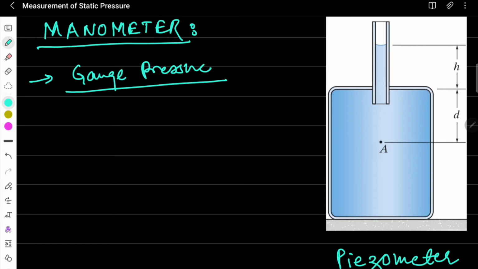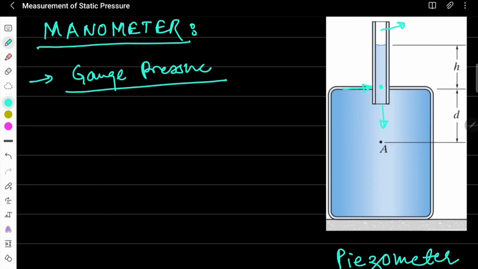Using this simple device, anybody can measure the gauge pressure at any location. Using this piezometer, any pressure at any point can be measured by just inserting a tube which is open at both ends. Once you insert this tube, the liquid will rise to a height h, and this will give you the pressure head at this particular location.